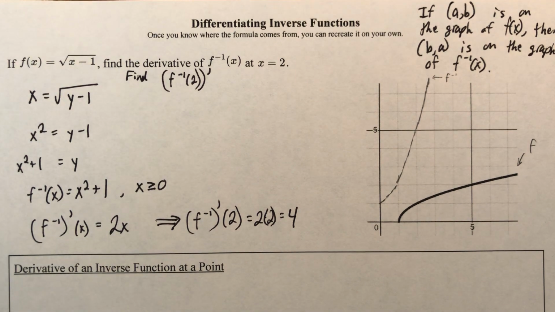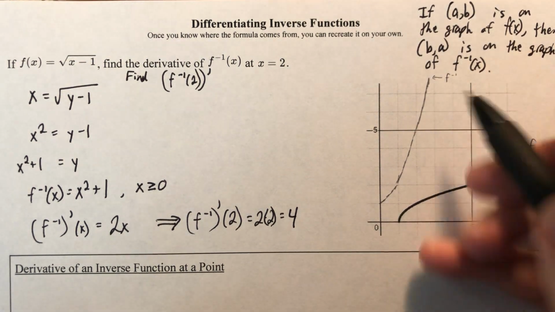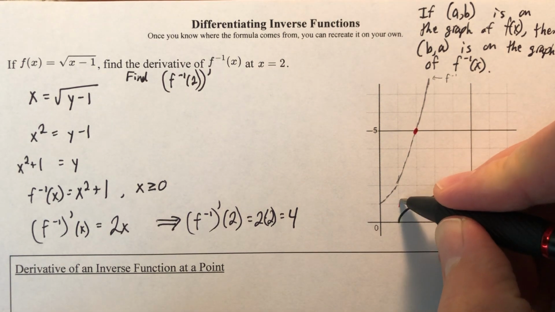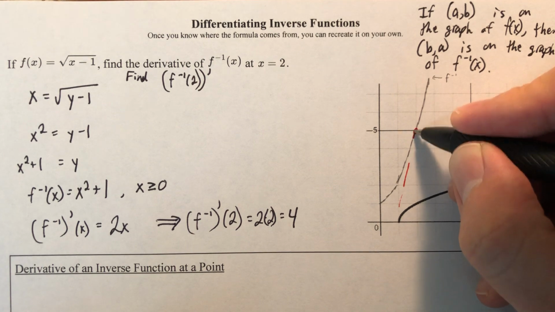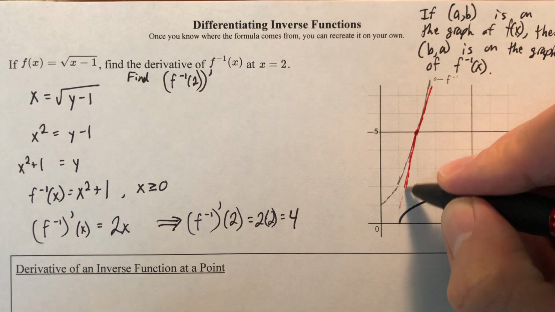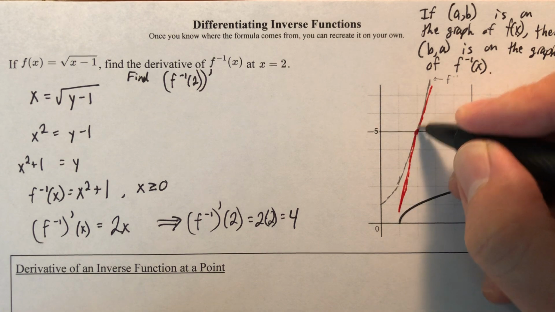They asked us to find the slope of this graph at that point, and we found it to be 4. So the tangent line here has a slope of 4. I didn't draw it exactly right, but the tangent line has a slope of 4.